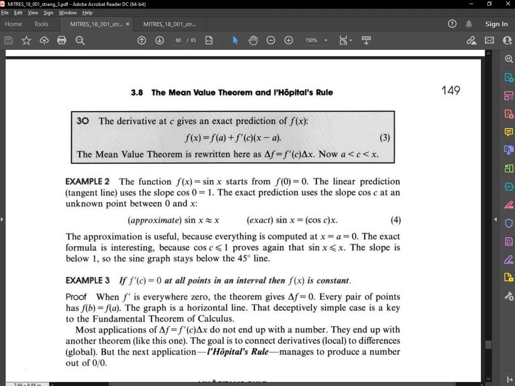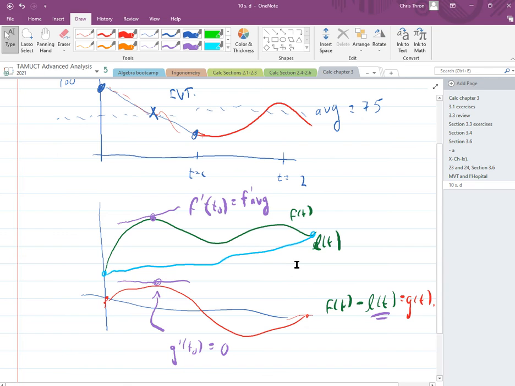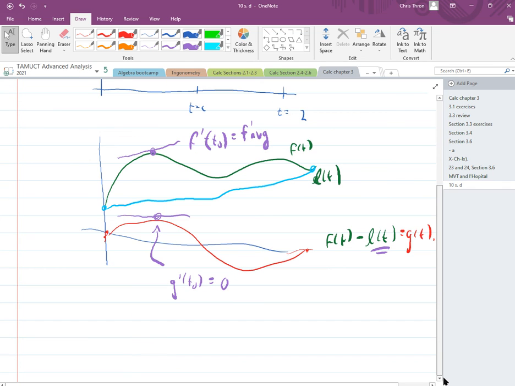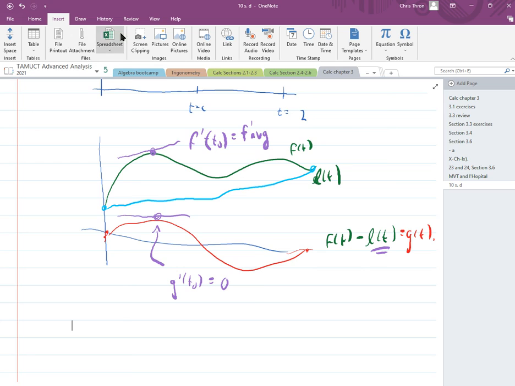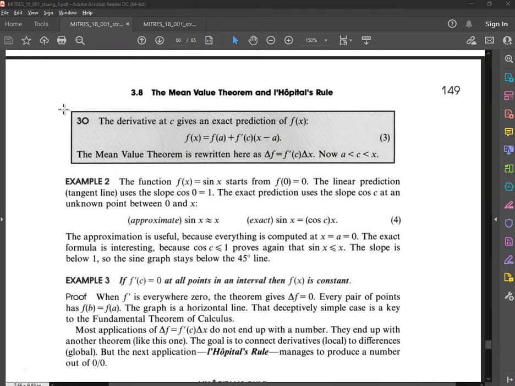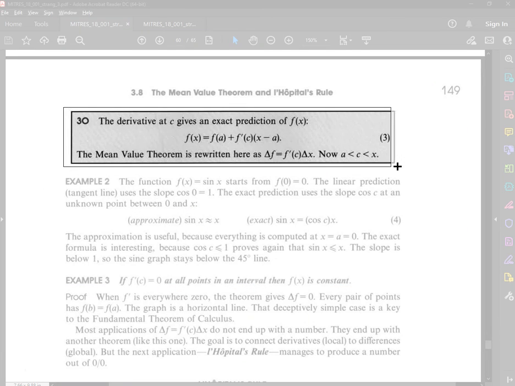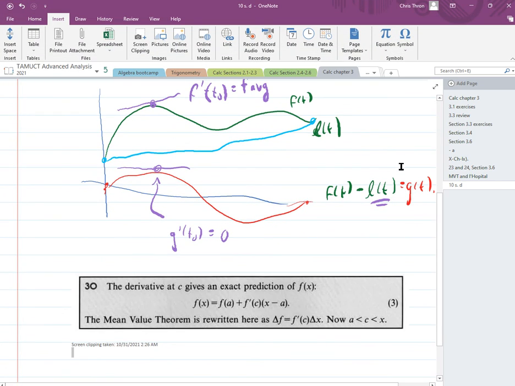Now here's another way of phrasing the implications of this theorem. Here he says the derivative at c gives an exact prediction of f of x.